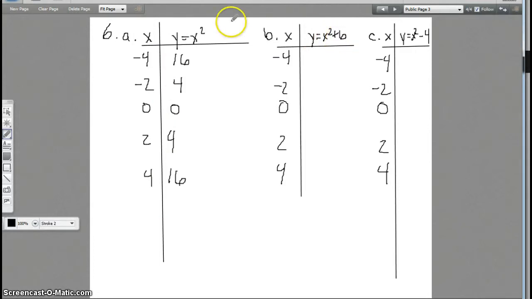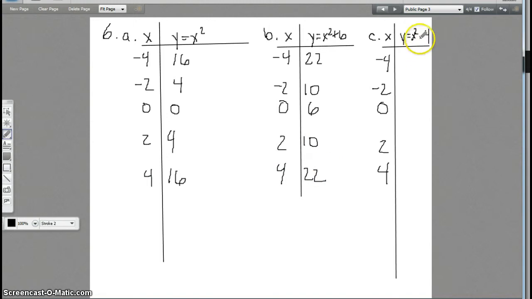What that means is I'm going to take what I already calculated for x squared and just add 6 to it. So 16 plus 6, that's going to be 22. 4 plus 6, that's 10. 0 plus 6 is 6. 4 plus 6 is 10. And 16 plus 6 is 22 again.